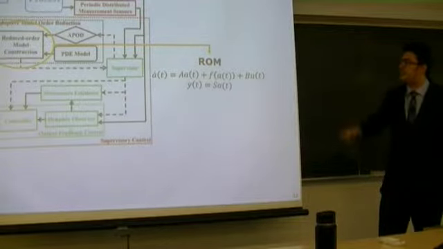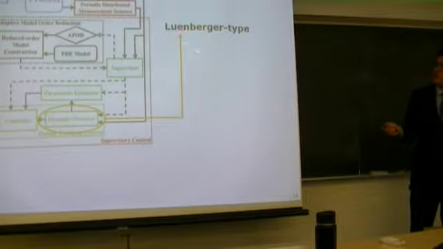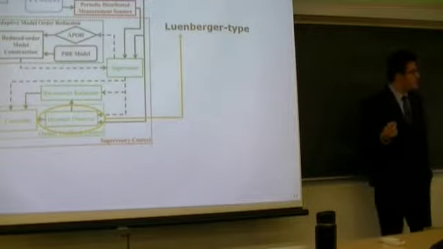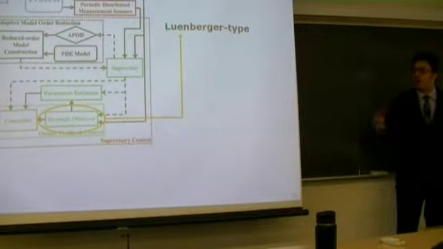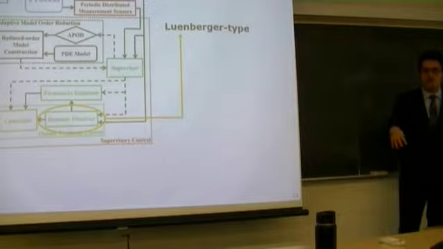and get a model which is suitable for controller design. We use a dynamic observer of the Luenberger type to estimate the state values of the system which are not accessible during operation. For example, to estimate the concentration, which may not be accessible during the process evolution, based on the information from the temperature sensors.